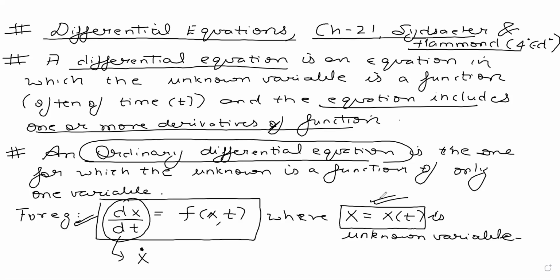So clearly you can see on your screen, when I talk about the differential equation dx by dt equals f as a function of x and t, x itself is a function of only one variable, which is time. And the differential equation automatically includes the derivative of x with respect to t, which is denoted by x dot.